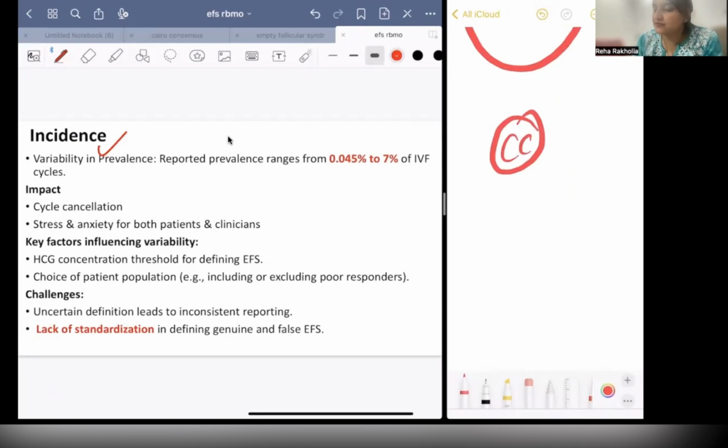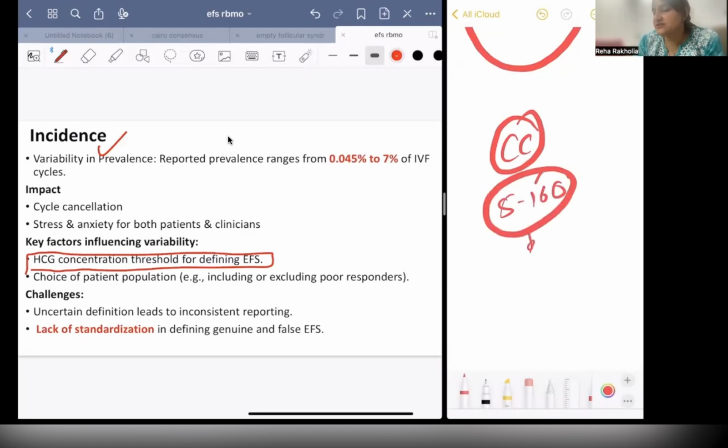Then the key factors influencing variability: the HCG concentration threshold for defining EFS. I've already told you that it is 5 to 160. There is no standardization, so no value has been decided after which we can say this is optimal HCG.